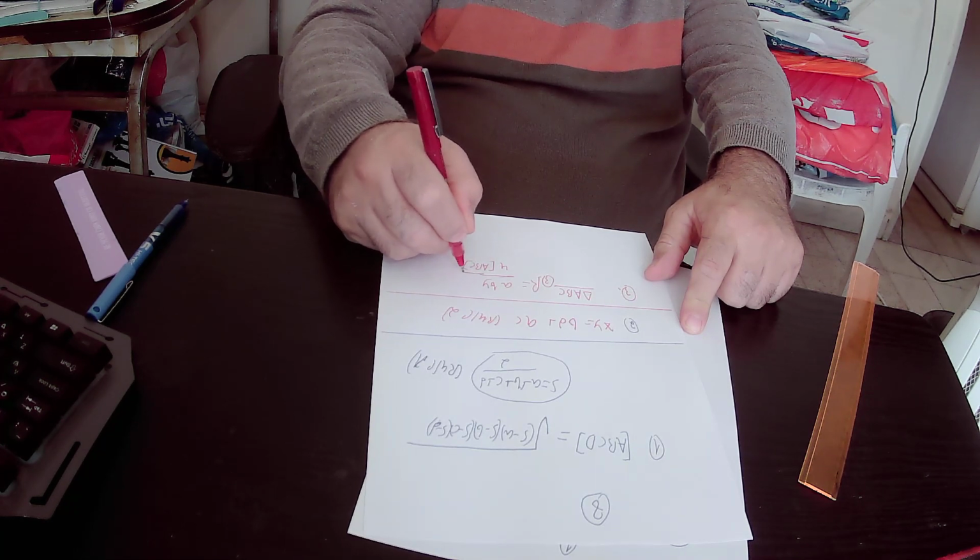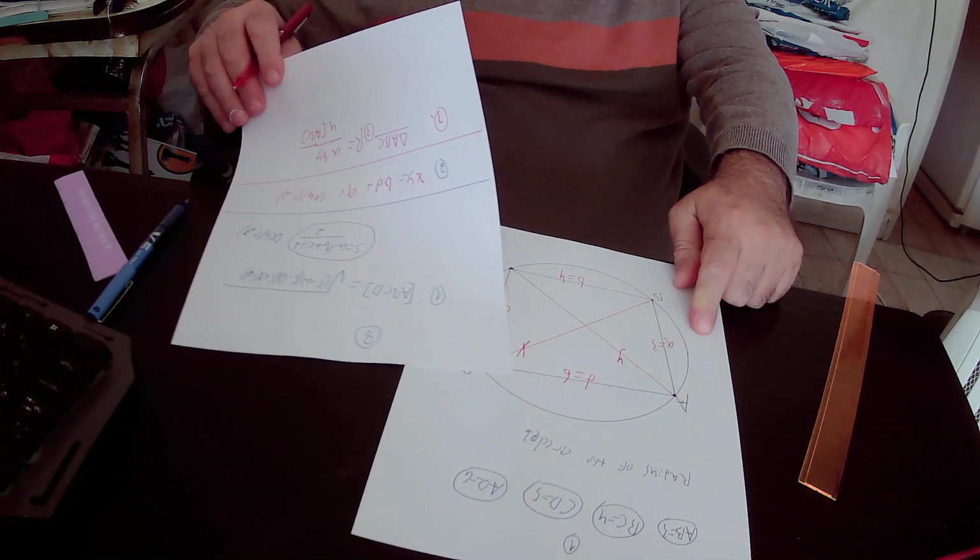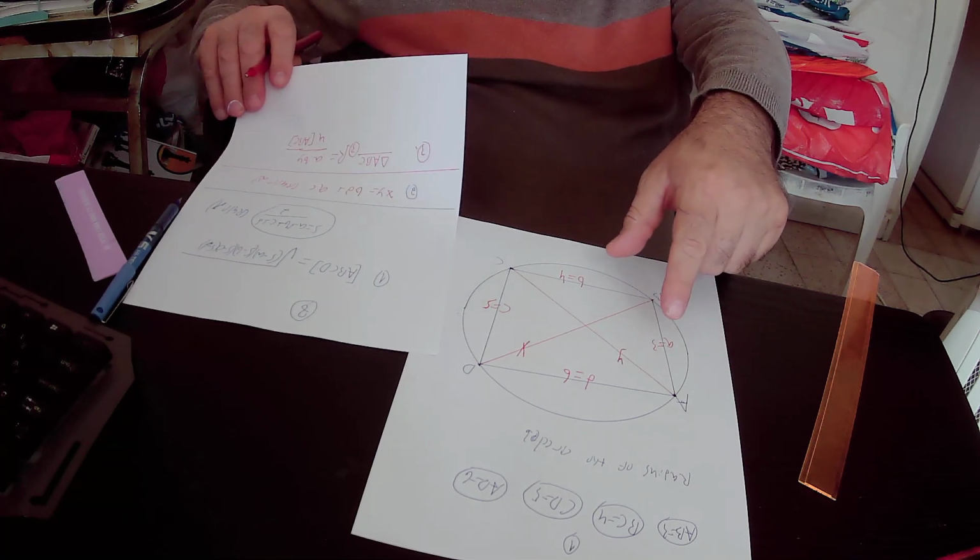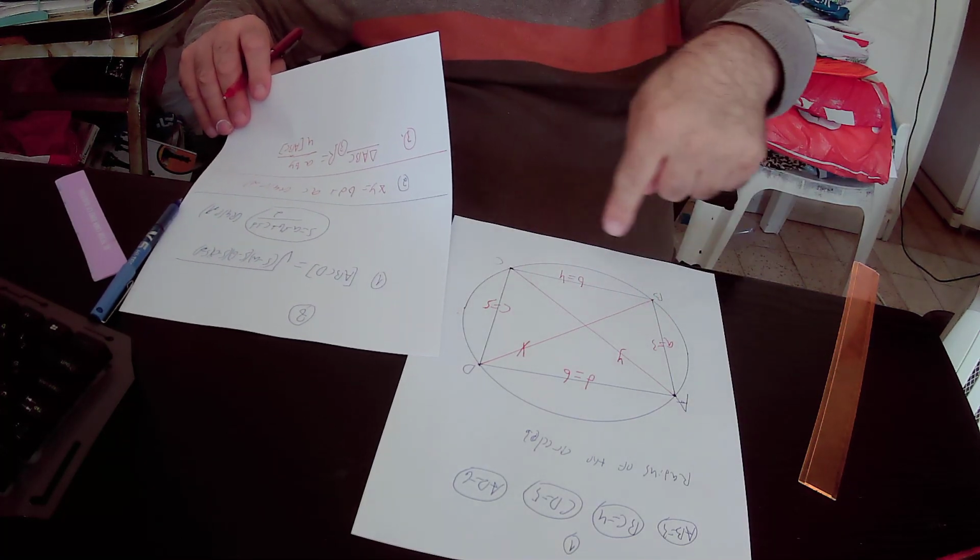I repeat again, we have here triangle ABC. Triangle ABC is inscribed in this blue circle.